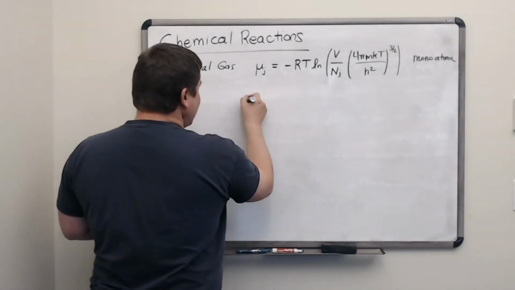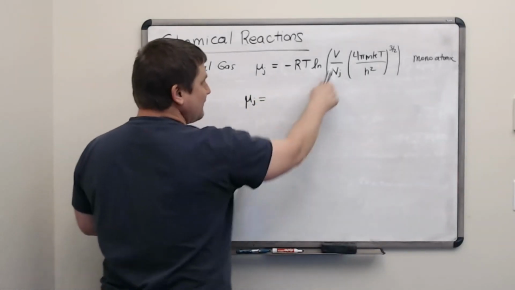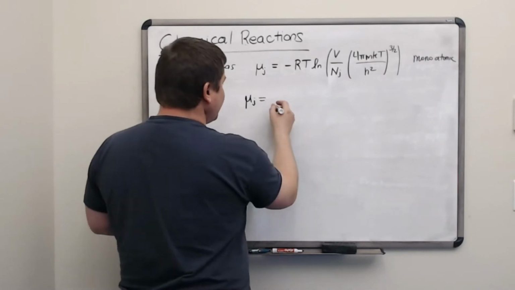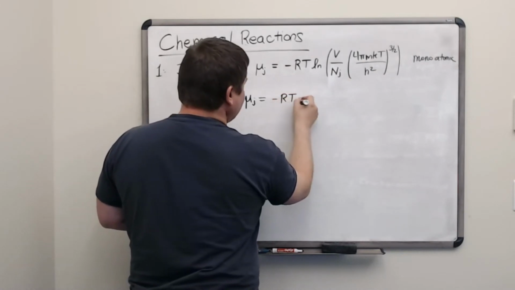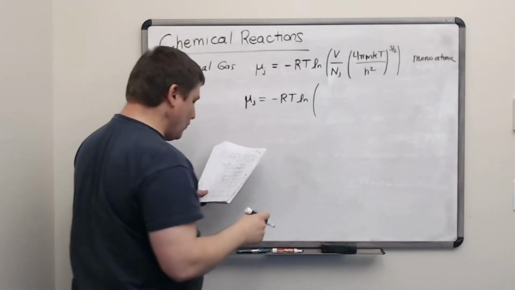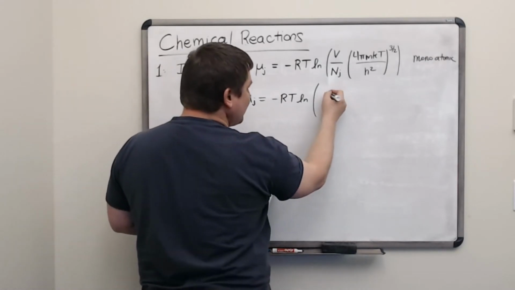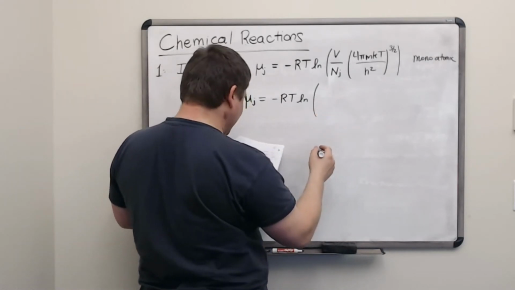Notice that we have a volume over particle number here, so we can change that basically into one more factor of temperature on the top and one factor of pressure on the bottom.